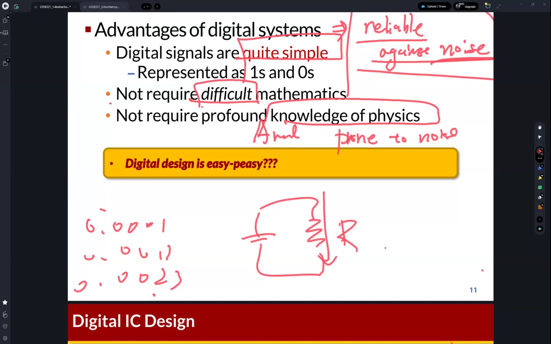Why is it called a circuit? As you can see, this circuit has a circular form, right? So it's the VDD, some high voltage level.